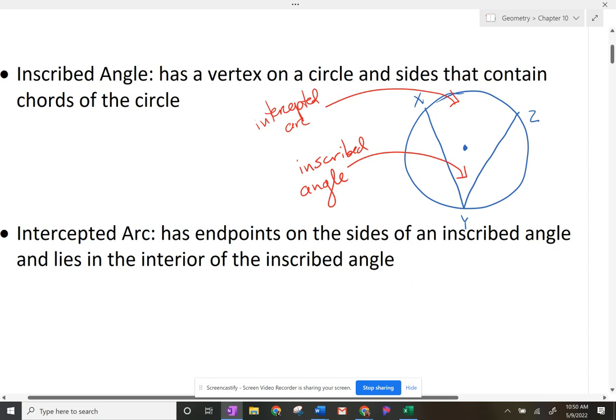So that's what the inscribed angle is, and that's what the intercepted arc is. You won't hear the intercepted arc a lot, but sometimes they'll give you the definition and say the intercepted arc for this segment is this. So just know that's what they mean by it.